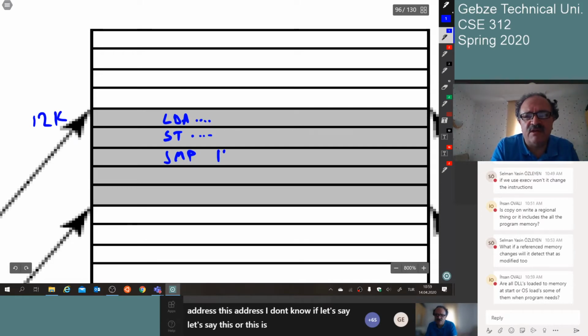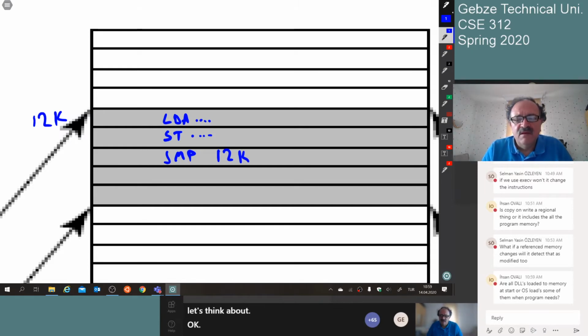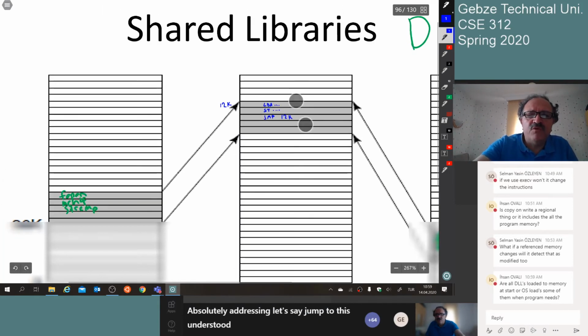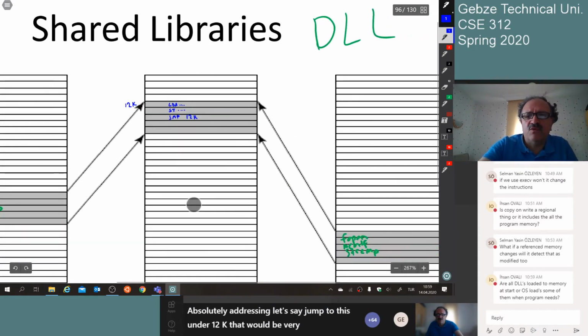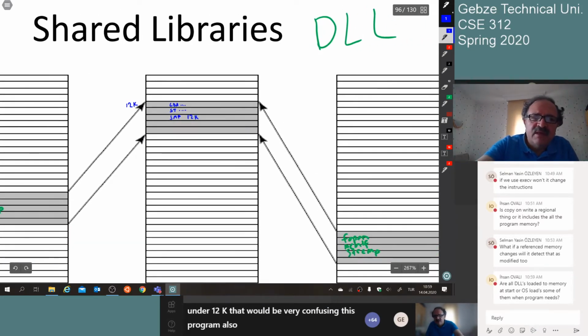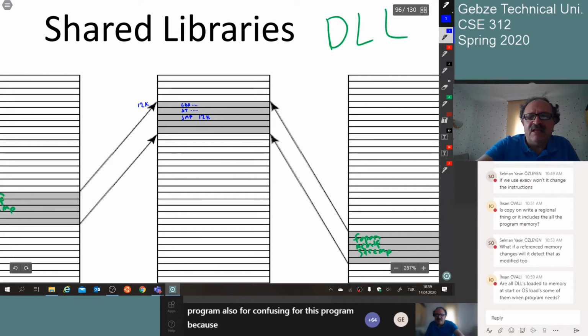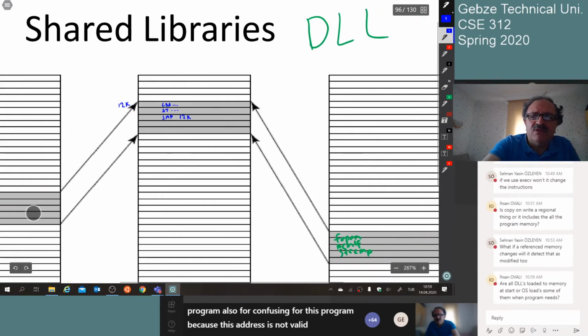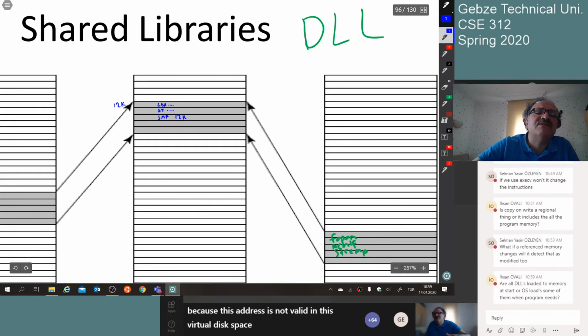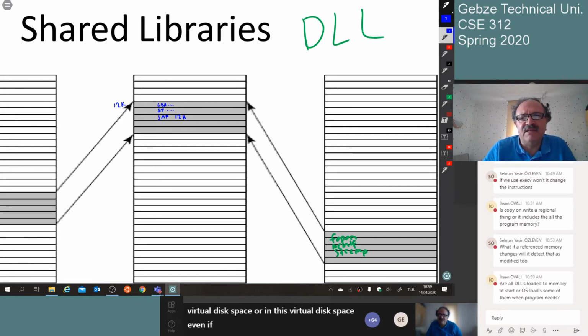Jump to address 12k. If I use this kind of absolute addressing, that would be very confusing for this program, and also for this program, because this address is not valid in this virtual address space or in that one. Even if it is valid, that's a nonsense address. So what are we going to do?